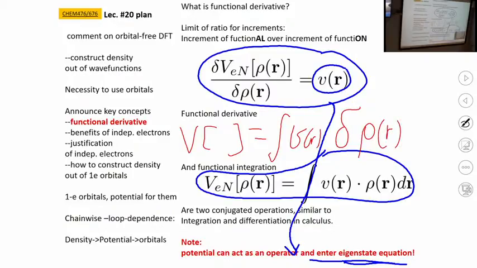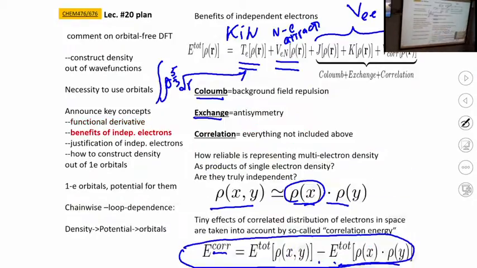Now it will be a functional integral. So going back to the total energy.